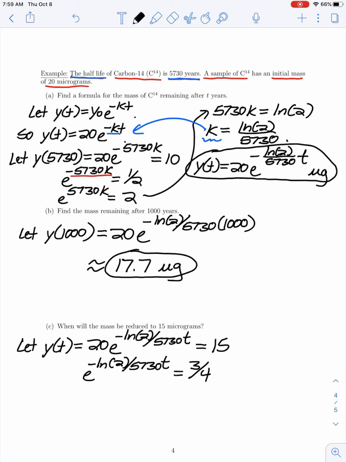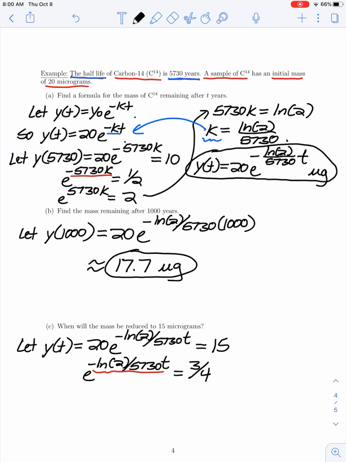And then taking the natural log of both sides, or perhaps, as I did in the first part of this question, I might eliminate the negative in this exponential by recalling that e raised to a negative power is the same as 1 over e raised to that positive power.